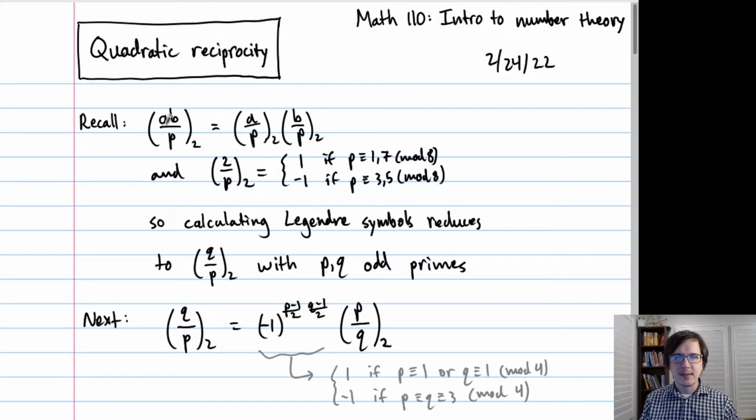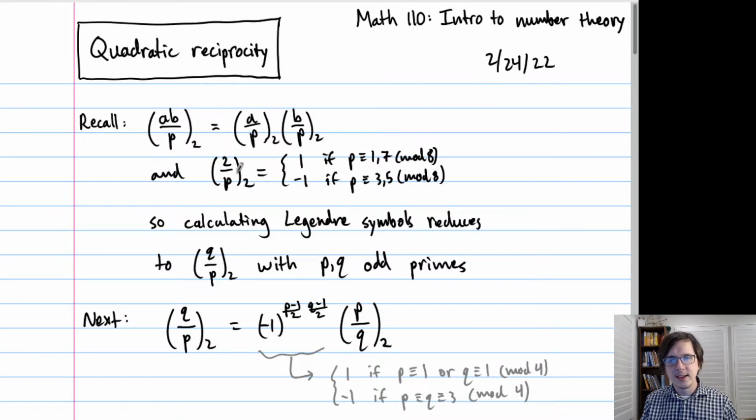The Legendre symbol has the property that it is completely multiplicative, meaning that if the top of the symbol factorizes, then we can turn the Legendre symbol of a product into a product of Legendre symbols.